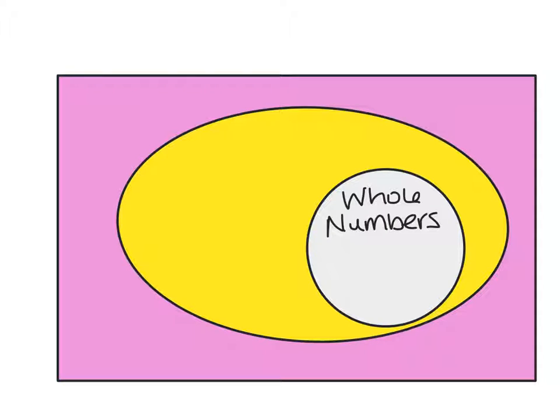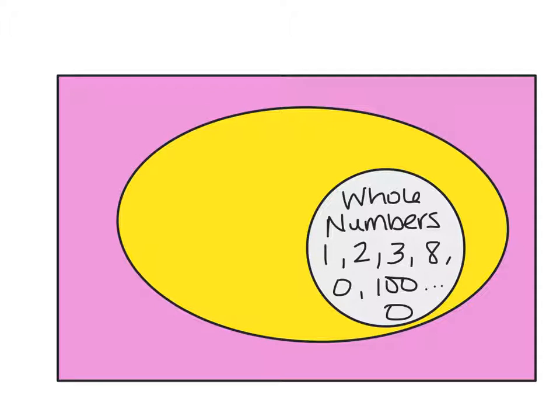Okay, so whole numbers, those are like 1, 2, 3, 8, 0, 100, and so on. Whole numbers can only be whole numbers. There's no other thing inside of whole numbers. They are just going to be whole numbers.